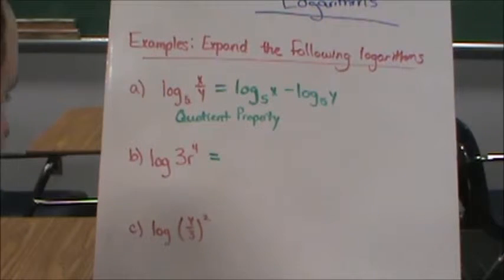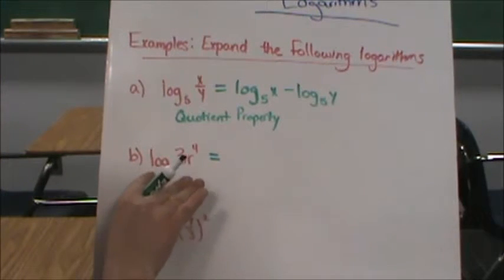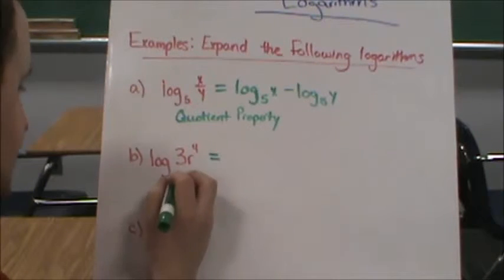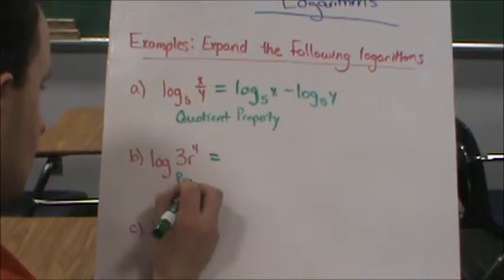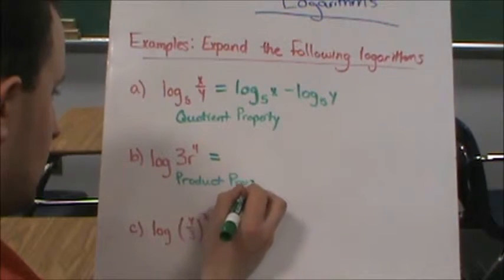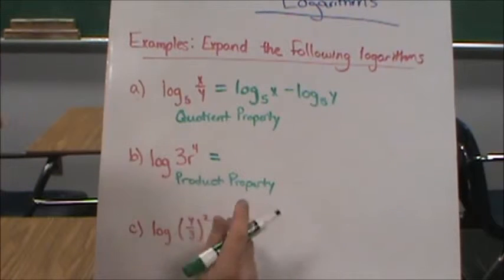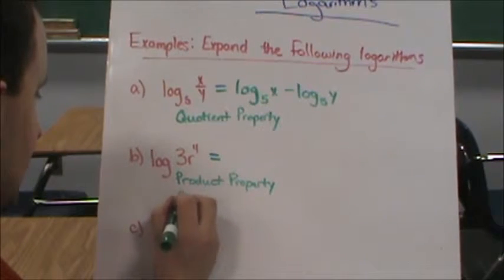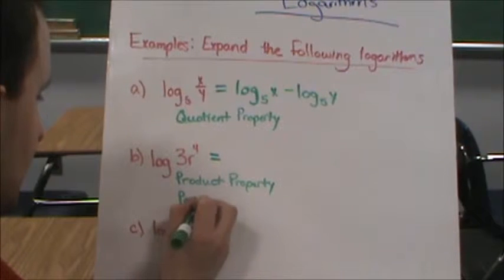For example B, you have log of 3 times r to the 4th. Well, 3 times r to the 4th, that's a lot like the product property. And then that r to the 4th will indicate you will have a power property.